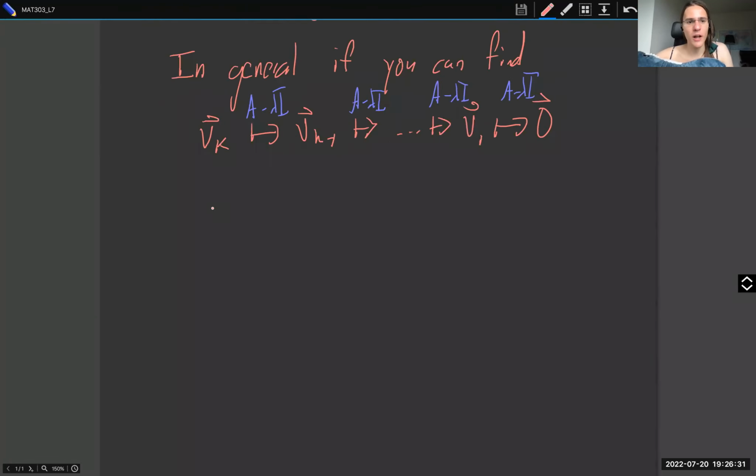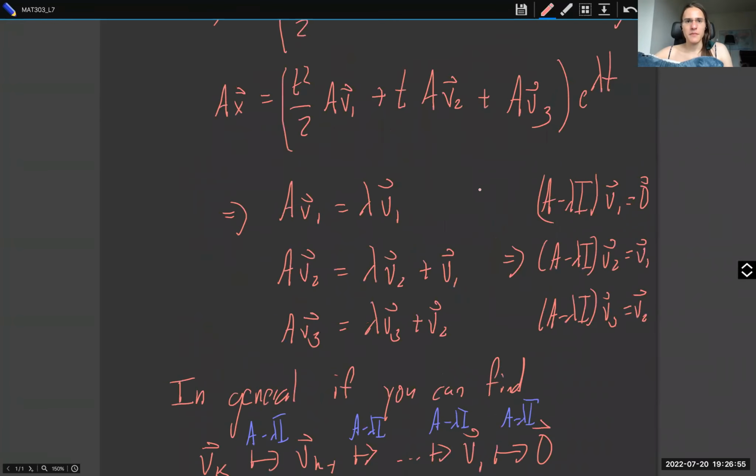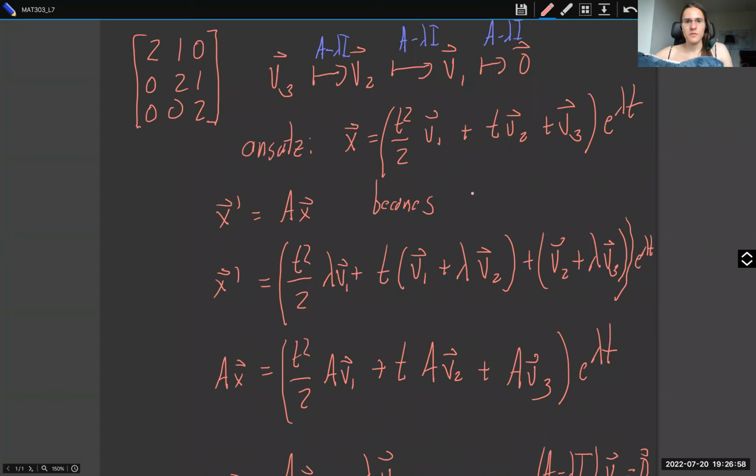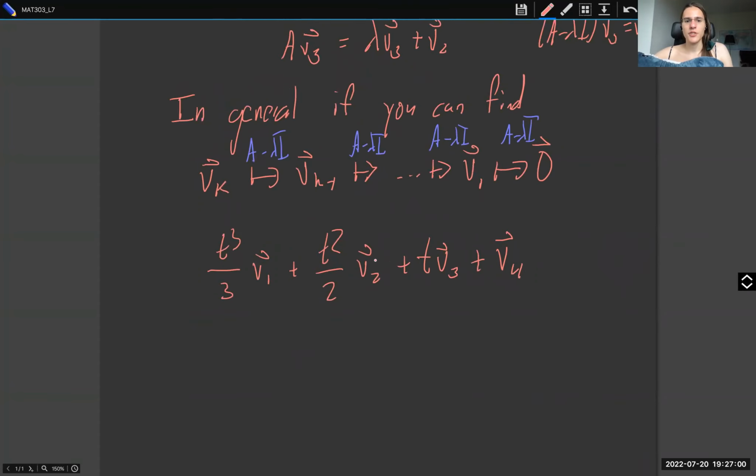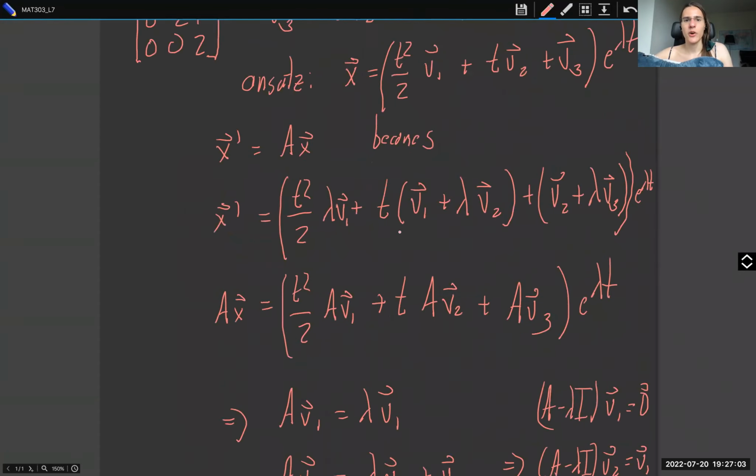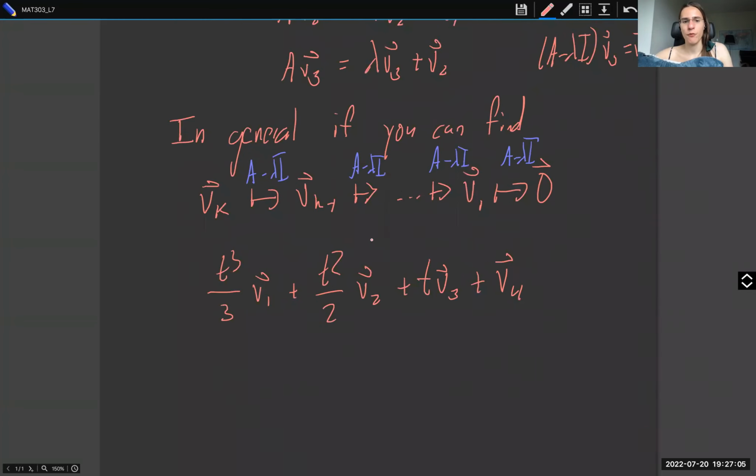So if we take the ansatz, let's say t cubed over 3 v1 plus t squared over, well, t squared, we should have a 2 here, right? Plus t v3 plus v4. Sorry, this is v1, v2, v3. Yeah, so t squared was the case where we had 3 and now we have 4.